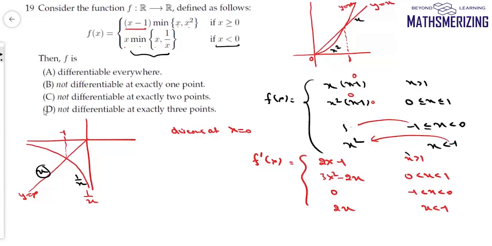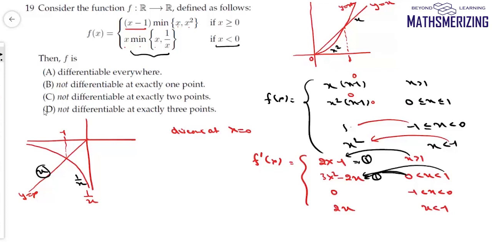Now when x is greater than 1, if I put x as 1, I'll get this value as 1. So the right hand derivative at 1 is 1. And if I put x as 1 here, I'll get 3 minus 2, which is 1 again. So this function is differentiable at x equal to 1.